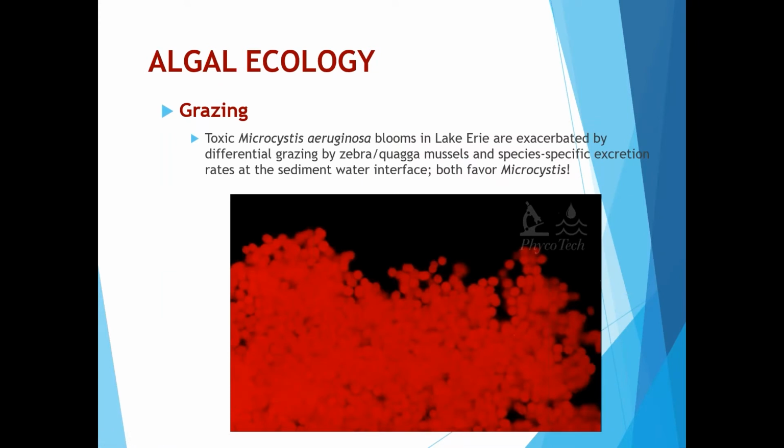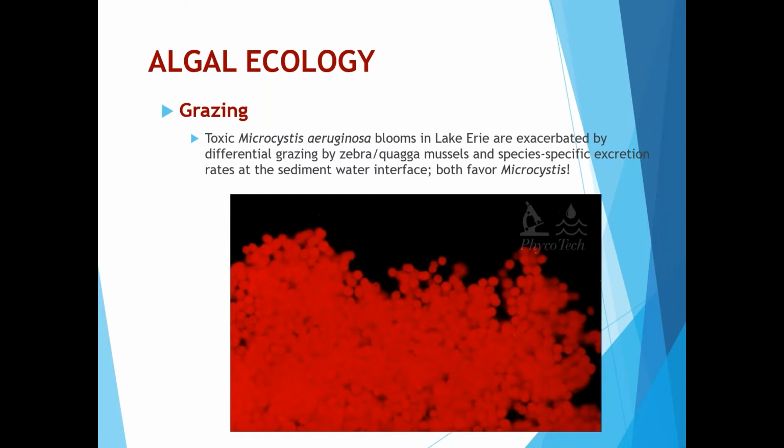Microcystis has been associated with blooms in Lake Erie with the onset of the invasion by zebra mussels and then quagga mussels about 15, 20 years later. So it turns out zebra and quagga mussels don't like Microcystis, so they actively reject it, and they eat everything else.